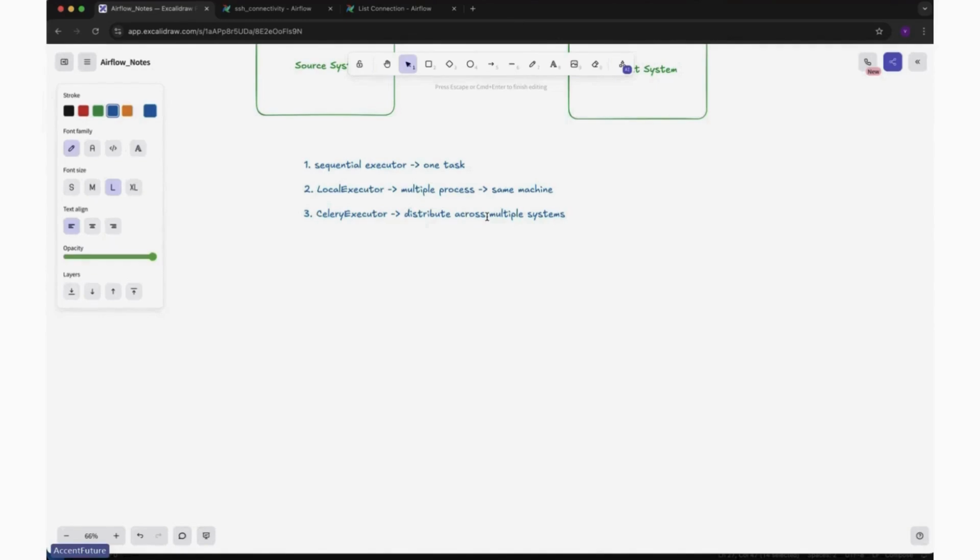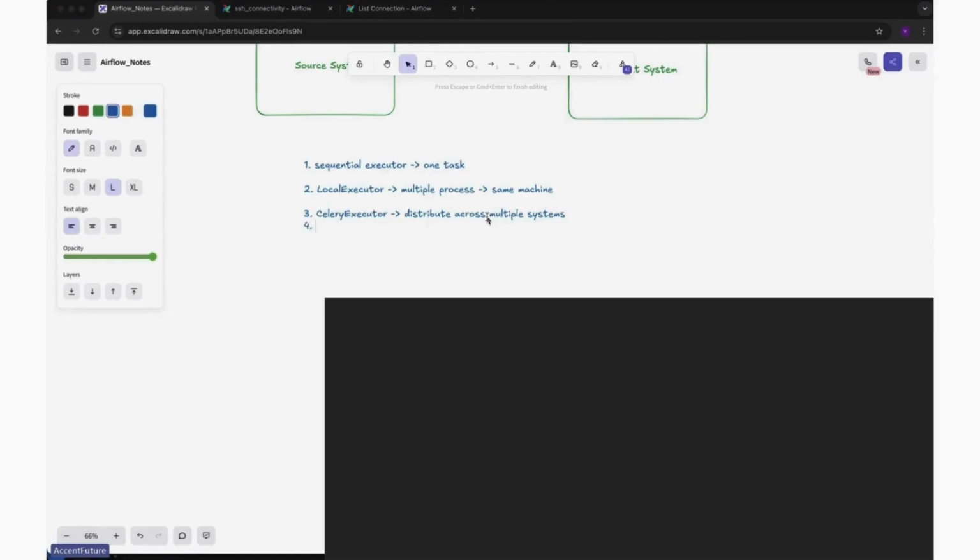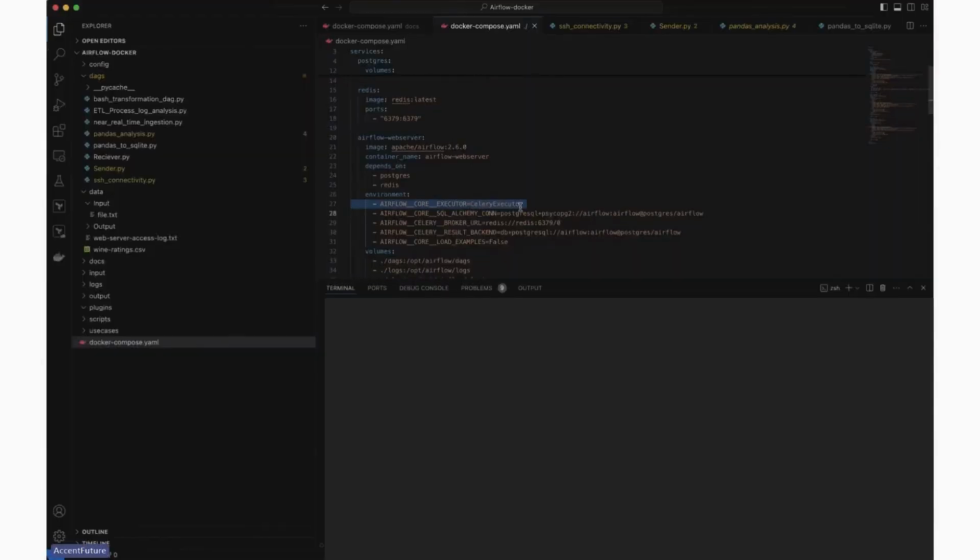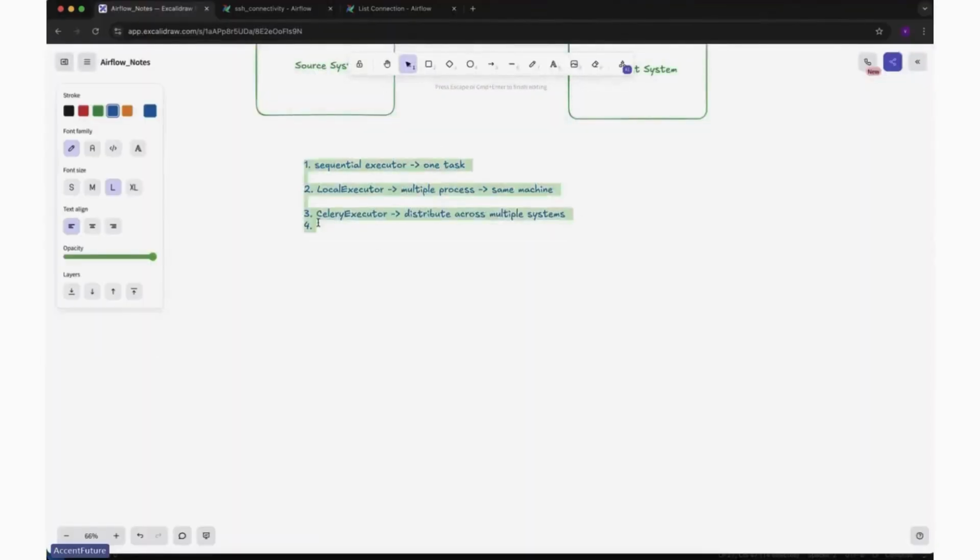It's the same as in our real-time cluster. We use the Celery Executor in real time for any complex workflows. It's the default enterprise one, the executor we are going to use, since we are playing with the real-time cluster level.